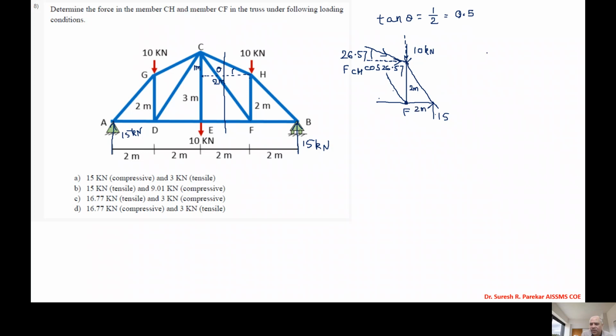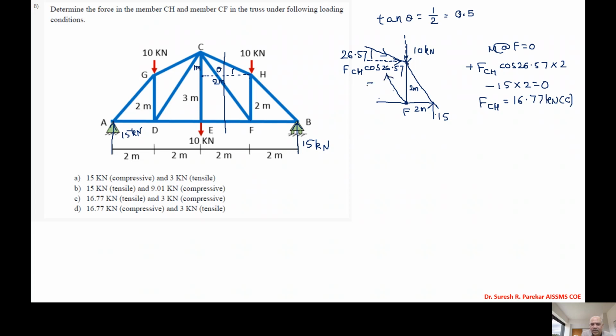So moment about F equal to 0, and then we have minus FCH cos 26.57 into 2, this is clockwise, so plus 15 into 2 equal to 0. And if you solve this, you will get the value of FCH equal to 16.77 kilonewton compression.